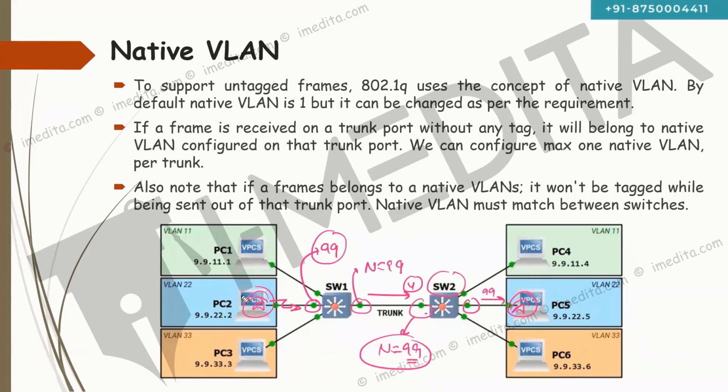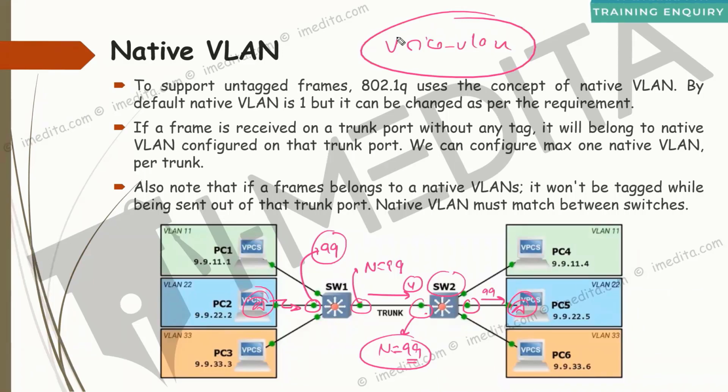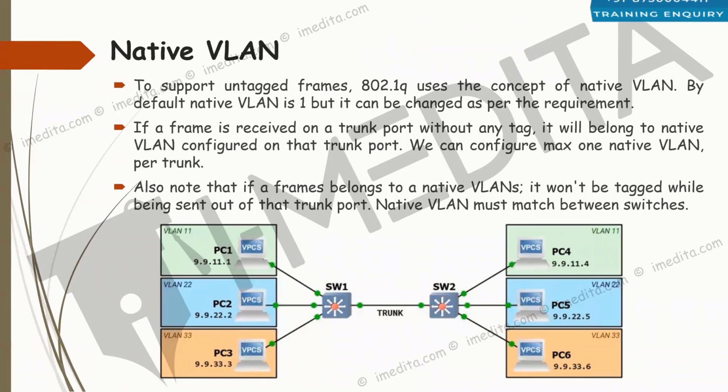But then came in the market this concept of voice VLAN, where we can define on the switch port a dedicated VLAN for voice traffic, which we call the voice VLAN. So since then, this concept of native VLAN is not very much useful, right?